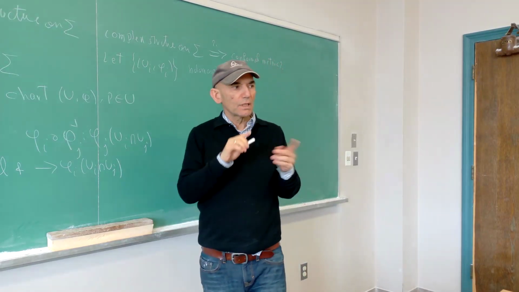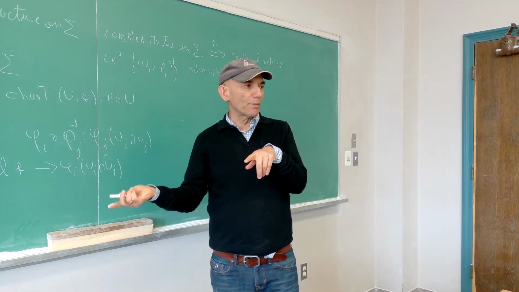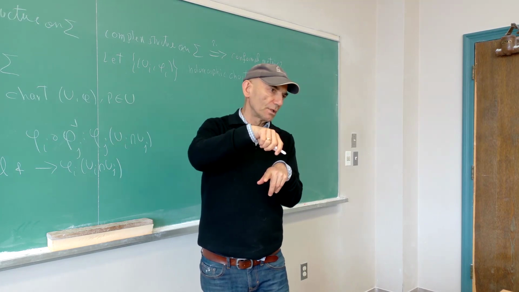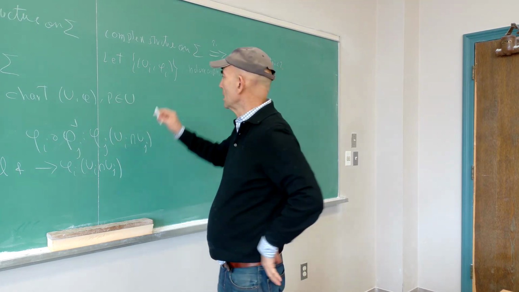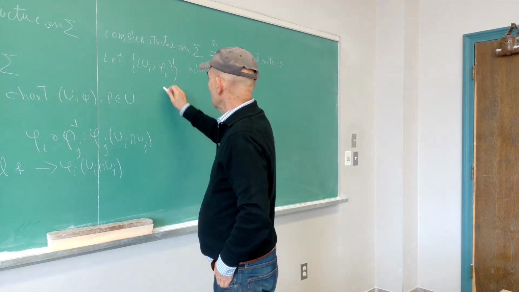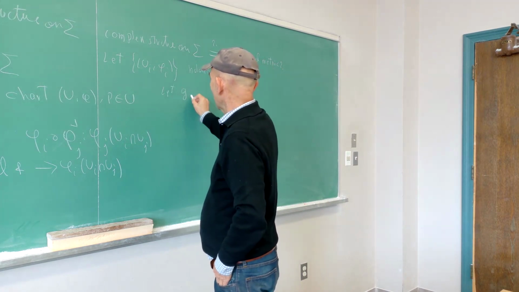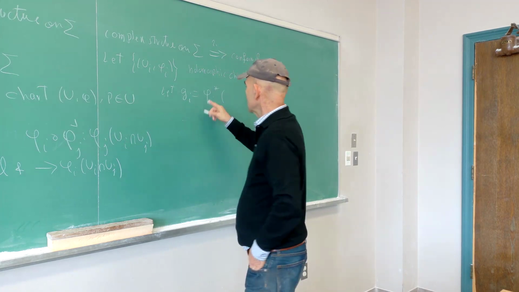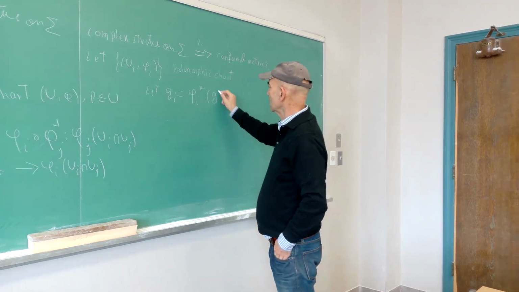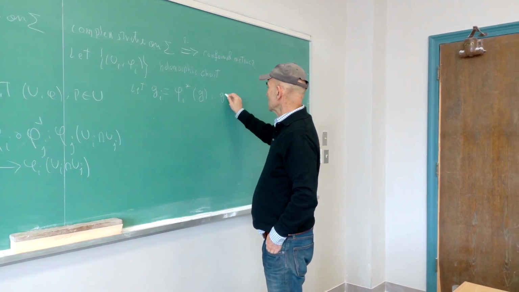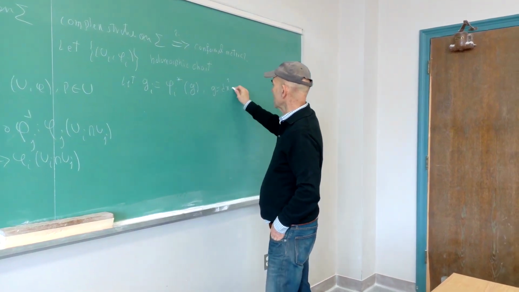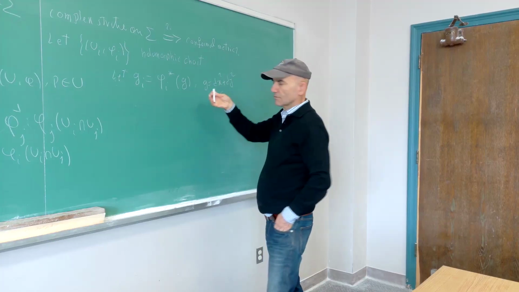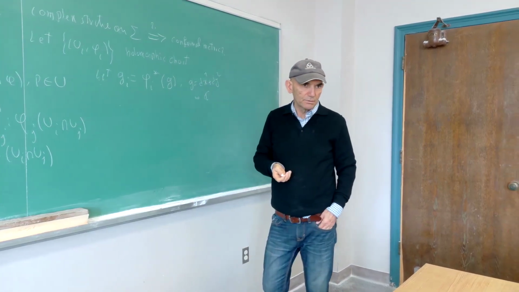Now, you just use these phi_i's to pull back the metric on the plane to a metric on your local coordinate system. So let g_i be equal to phi_i star of g, where g is the Euclidean metric dx squared plus dy squared on C. We have this flat metric on C, right?